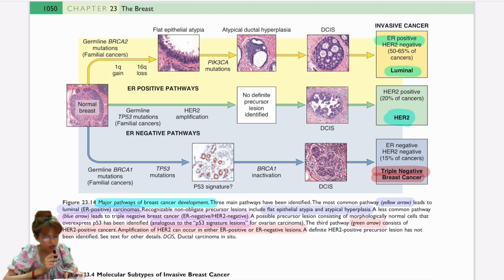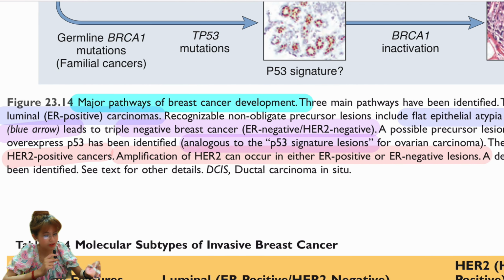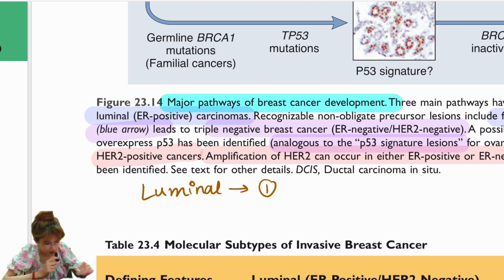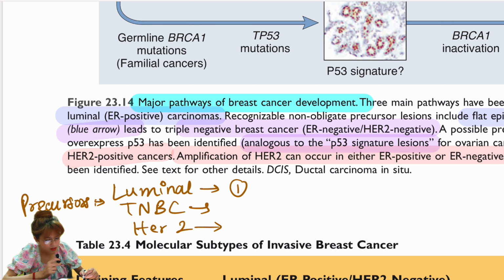Okay. So let me just mention these important points here, because they are very important and I just don't want you to miss out on them. Which are the precursor lesions? Number one is the luminal, number two is the TNBC, and number three is the HER2 type. In the HER2 type there is nothing, right? There is no precursor lesion.